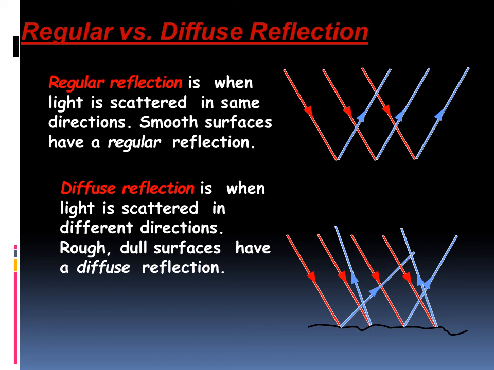They will form a diffused reflection. Diffused reflection is when light is scattered in different directions. That means it's not in the same direction, and that occurs because the surface is rough or dull. We can see in the above figure, in regular reflection, it is reflecting in the same direction, whereas below that, the directions of the incident ray and the reflected rays are not the same.